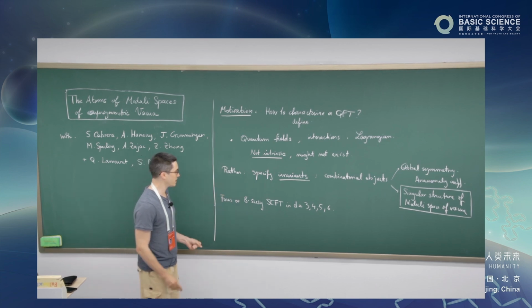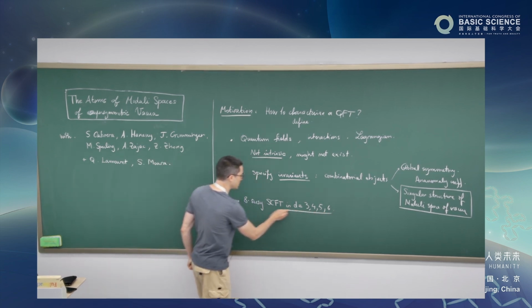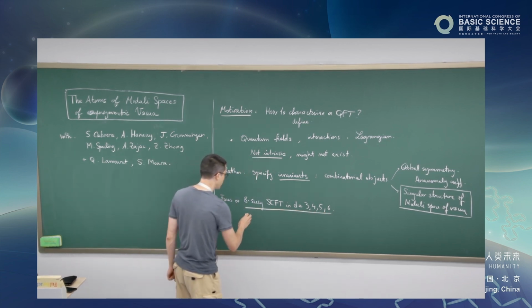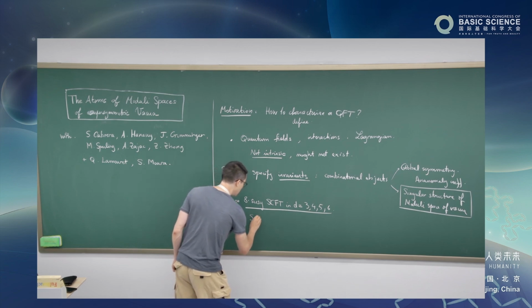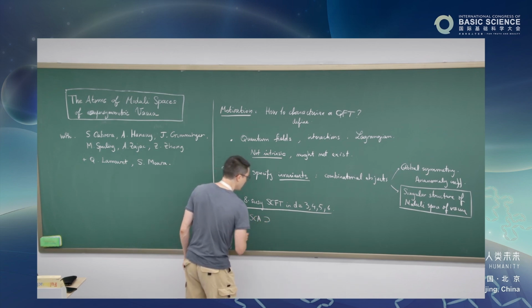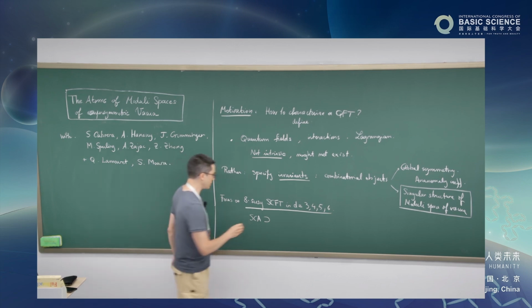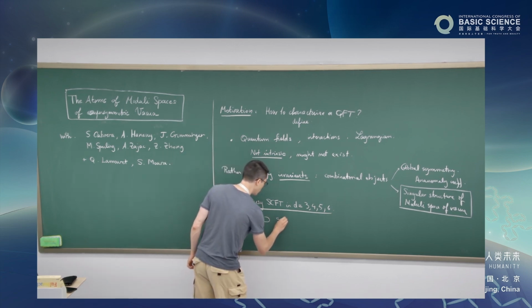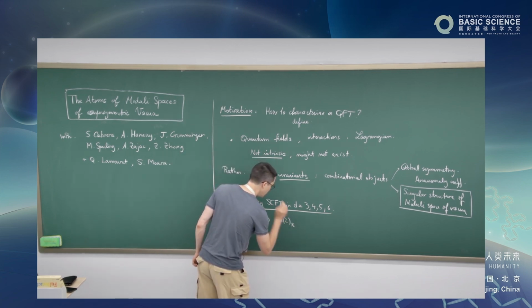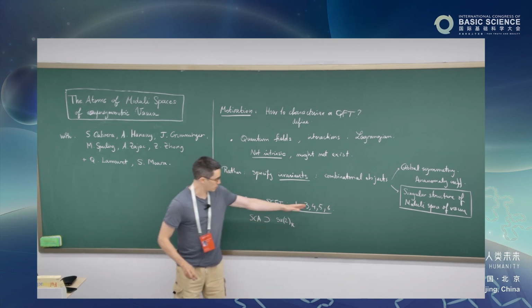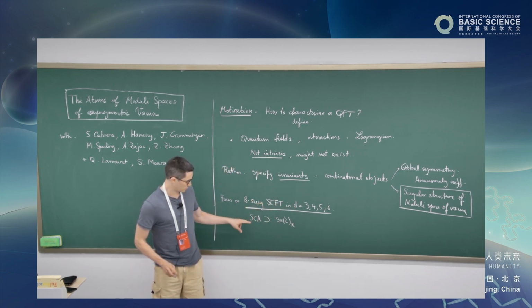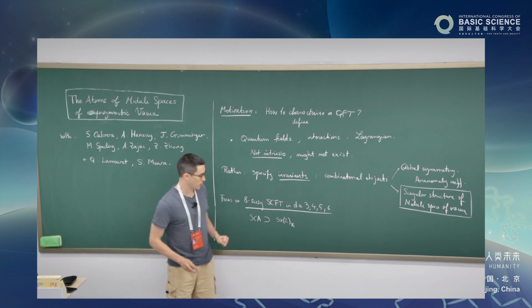Why do I pick this particular class of theories? Because the superconformal algebra contains a bosonic factor, which is an SU(2)_R. So the R symmetry in all these dimensions, the 8 supercharge superconformal algebra always contains an SU(2)_R.